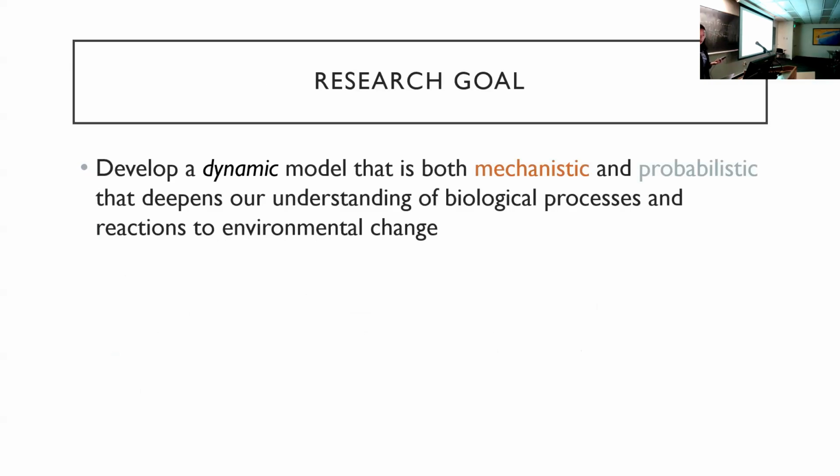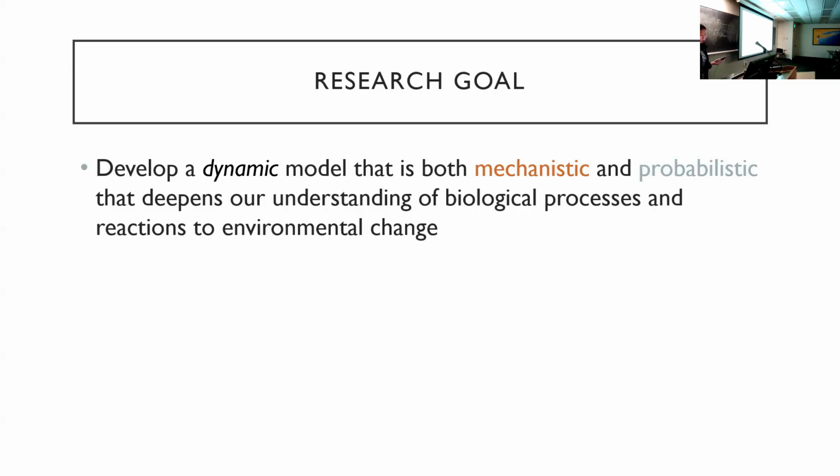The research goal for the work that motivated this talk was to develop a dynamic model, dynamic here meaning time series, that is both mechanistic and probabilistic, in order to better understand how biological processes operate within the community and how the species in the community are reacting to environmental change.